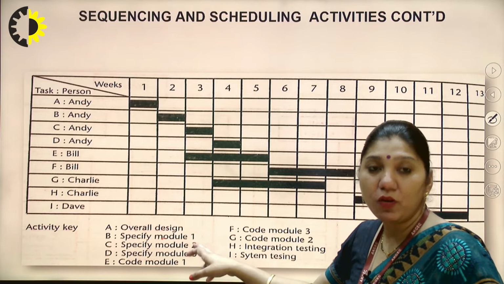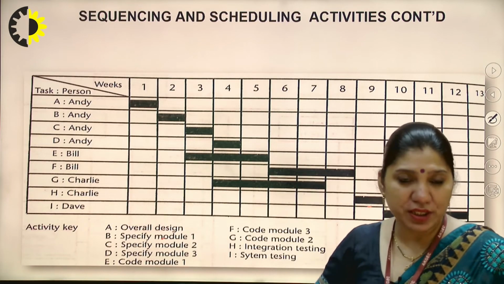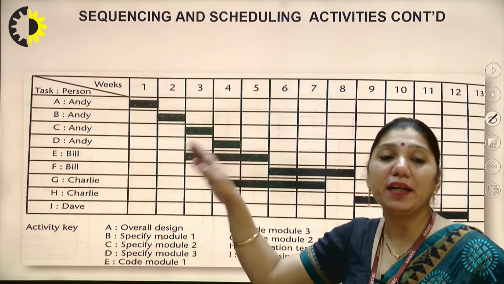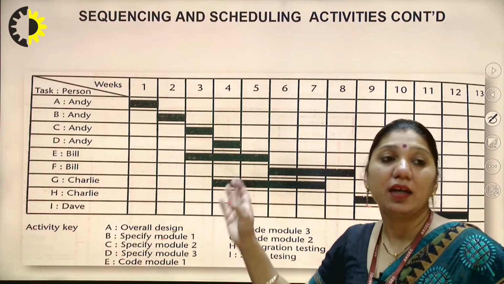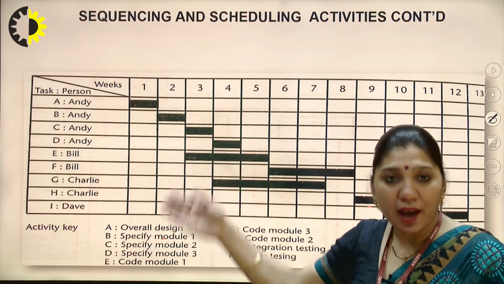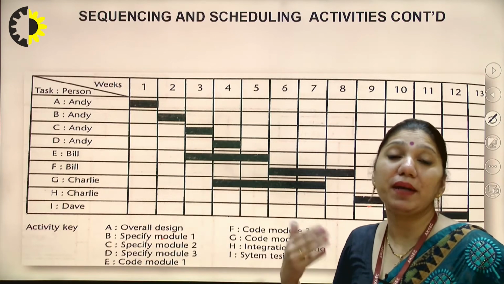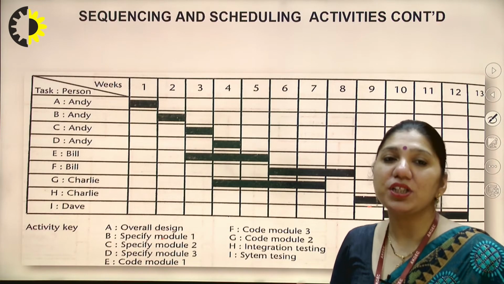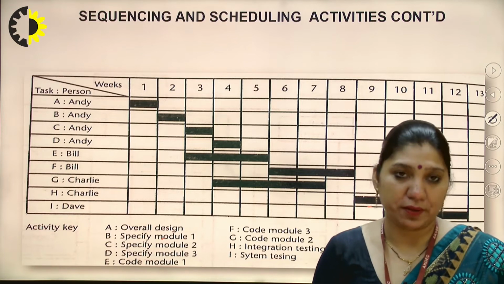First of all, the module specification is required. That means it is dependent on B. That means Bill is dependent on Andy, isn't it? So at the initial level we have to identify the dependencies of my activities, that is, which activity should be started when it is required.